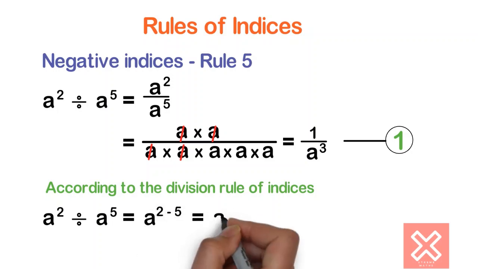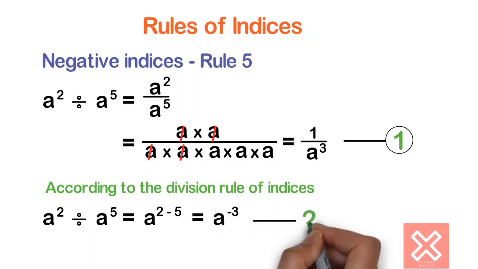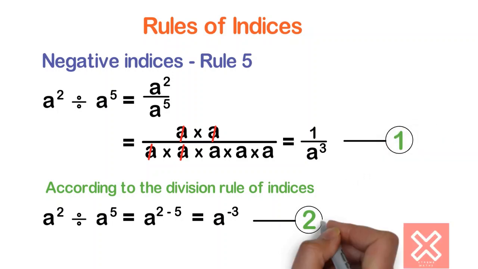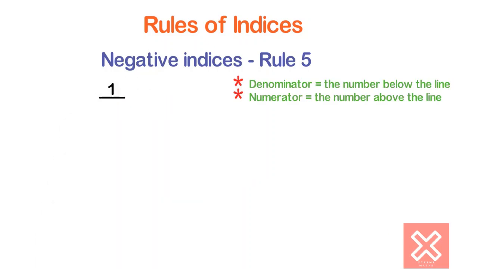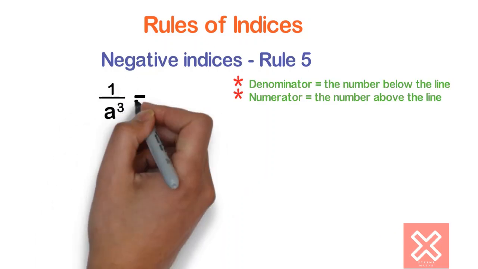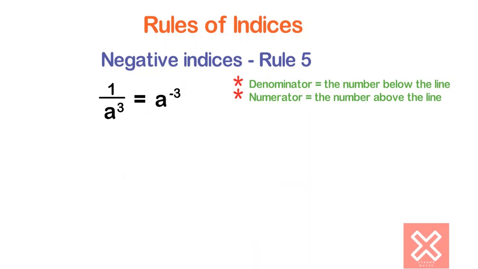A to the power minus 3. Let's name this equation 2. The simplification of the first one and the second one must be equal. So we can write it like this: 1 over a to the power 3 equals a to the power minus 3.